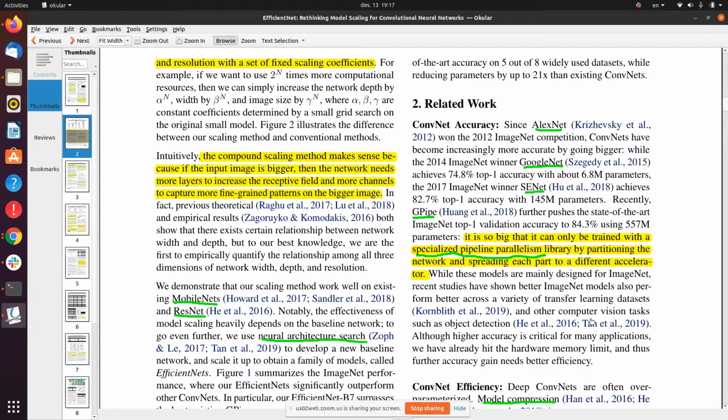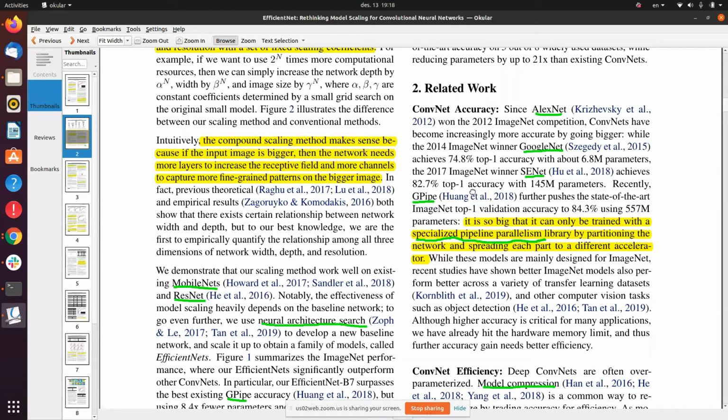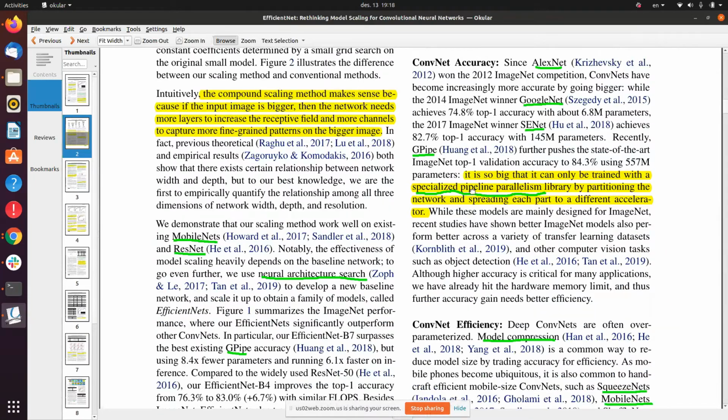So this entire section gives some references at what stage, at what network architecture gave good accuracy, when they designed the ConvNet. So that is a summary that they have mentioned in the ConvNet accuracy section.